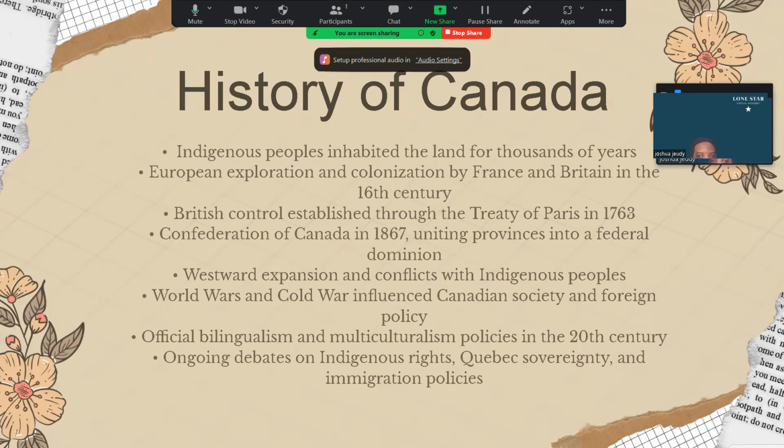But there's a constant back and forth on who is the rightful owner of that land. Is it the Indigenous people? Is it the French? Is it the British? The Canadians also get an influx of new groups that come from Europe and Eastern Europe. So Canada's history is a complicated relationship between the three major groups.